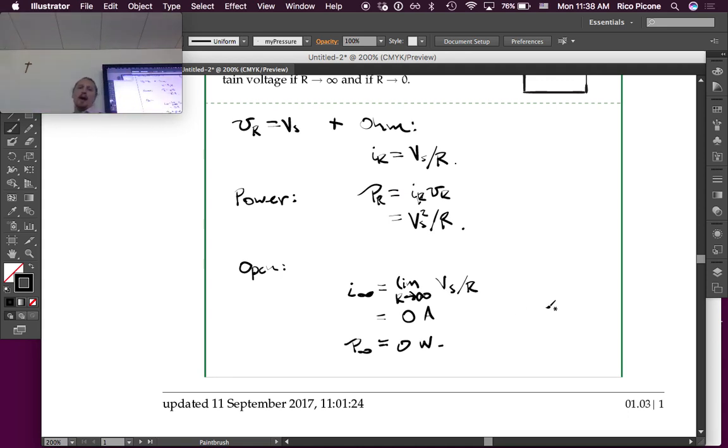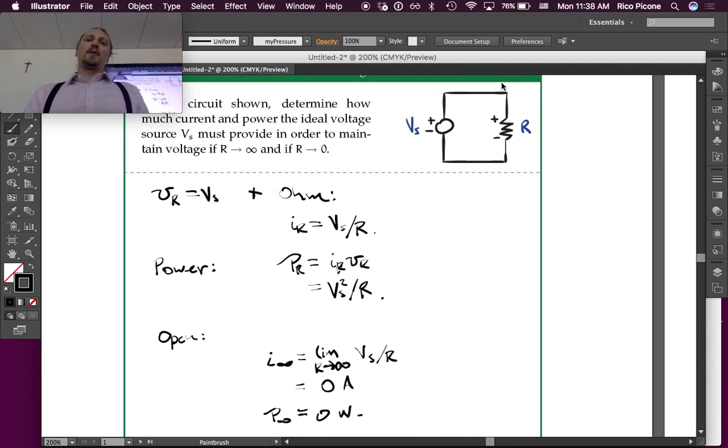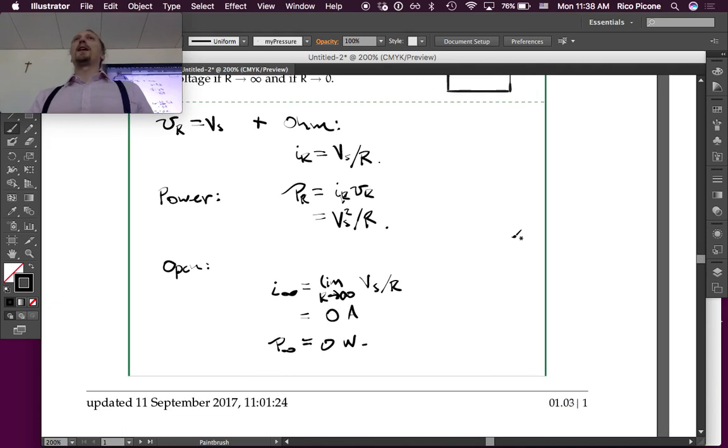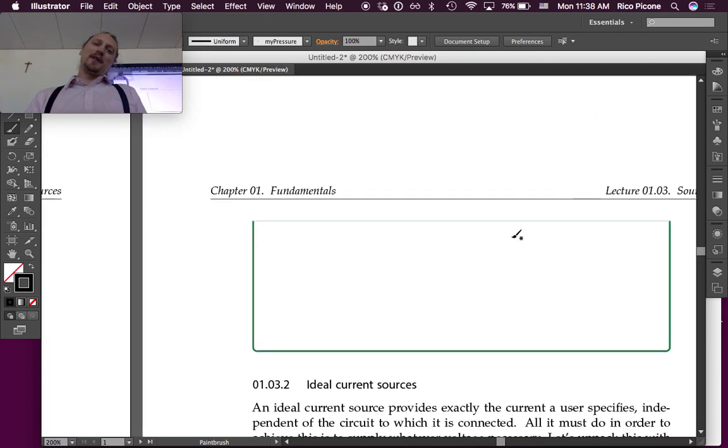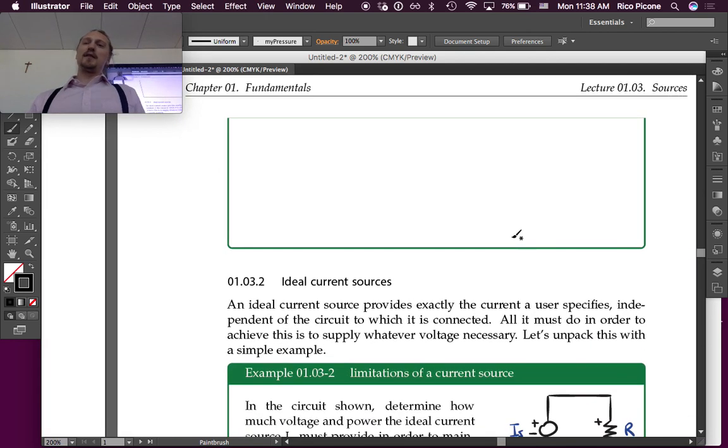So not too bad. We discovered that if you don't connect anything between two terminals, you don't dissipate power. Whew. That's good news. Otherwise, we would have a lot of trouble maintaining any energy in anything. So let's see what happens if you do the short circuit, though. Short.